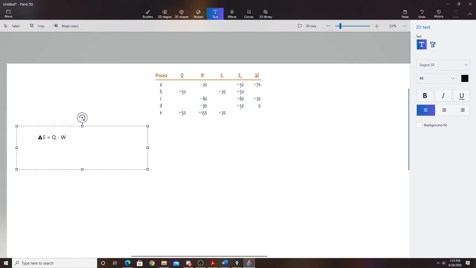You remember this equation? Hopefully you do. This right here is that base equation. And now inside of delta E, there's obviously E2 minus E1, right? So I will write that first. E2 minus E1, right? Is equal to Q minus W.